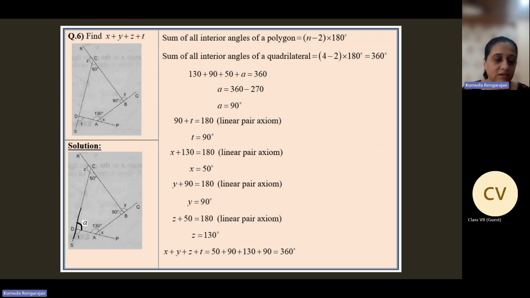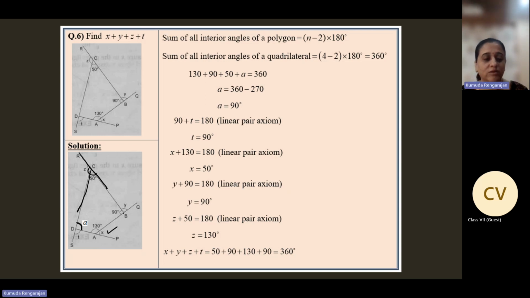This is the straight line, this is the ray, so the sum of these two angles is 180. This is the straight line, this is the ray. 130 plus X is 180. This is the straight line, this is the ray. So 90 plus Y is 180. This is the straight line, this is the ray. So 50 plus Z is equal to 180.